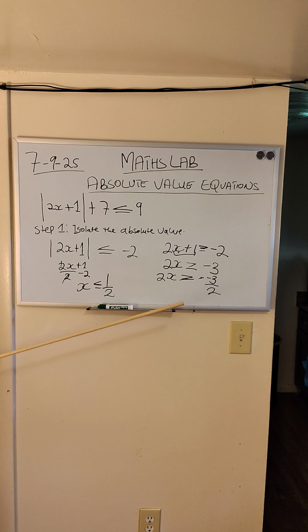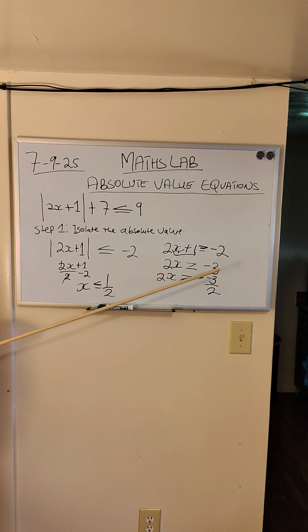And that means that for us to take care of x, we simply divide this 2x by 2, and also divide negative 3 by 2. So that leaves us with x.